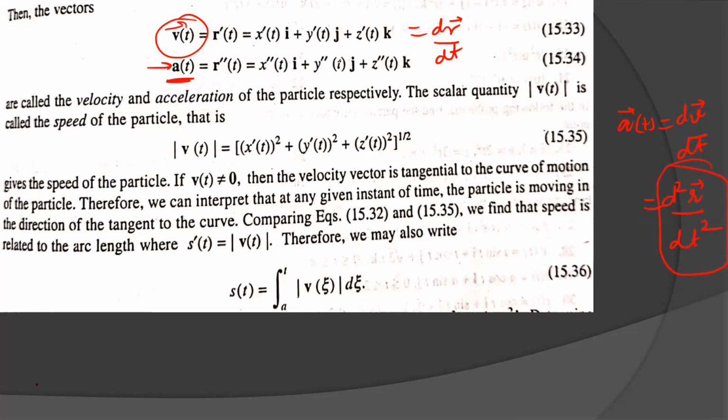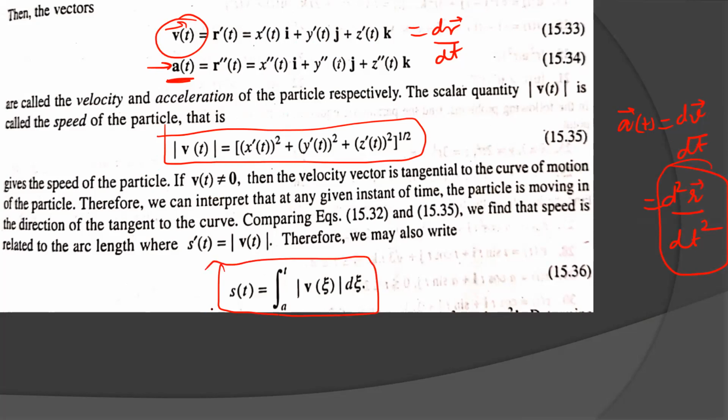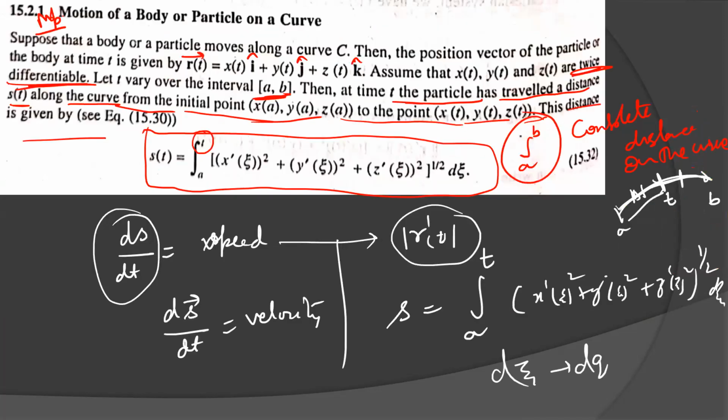You can find the magnitude also: if you have a vector function, then the magnitude is the square root of coefficient of i square plus coefficient of j square plus coefficient of k square. So this is another way to find the arc length, or distance traveled on the arc, similar to the formula I have discussed here. This can be represented as the magnitude of v, and you can use this representation also.